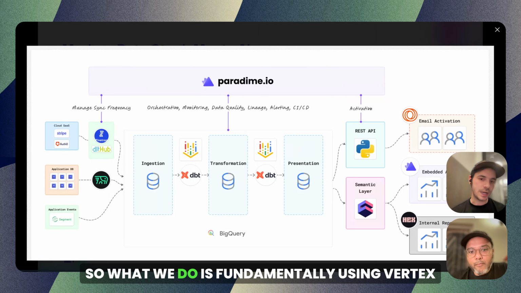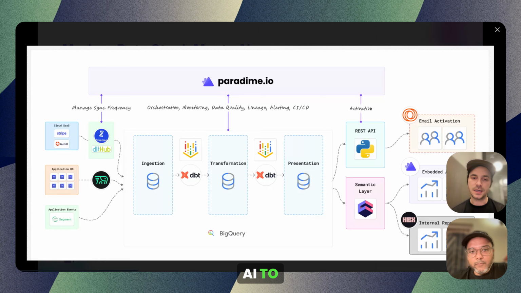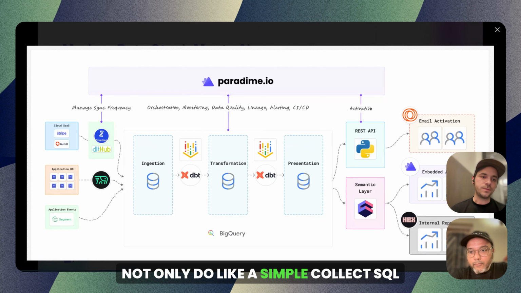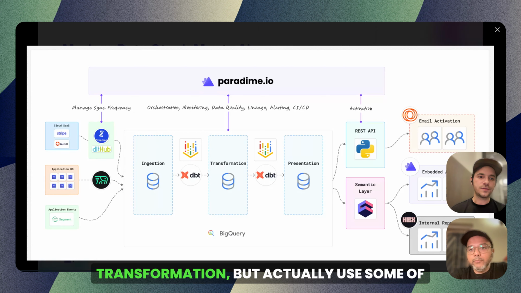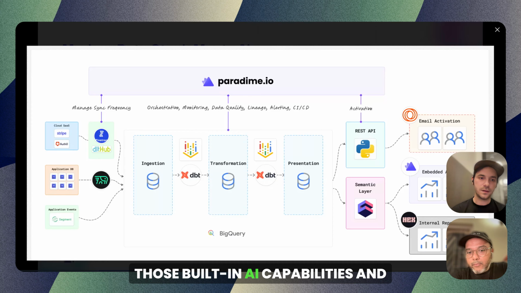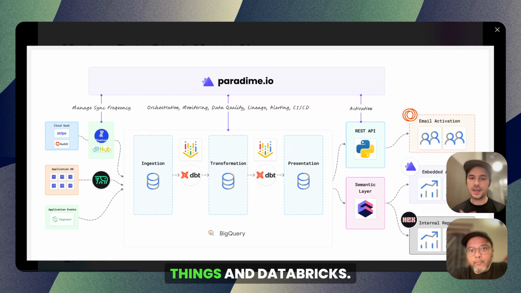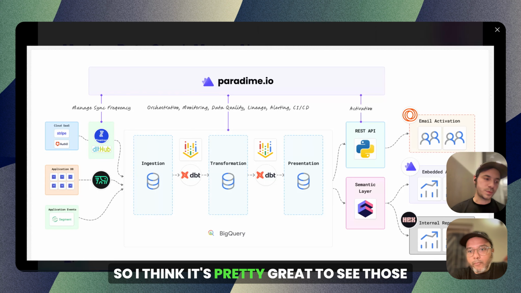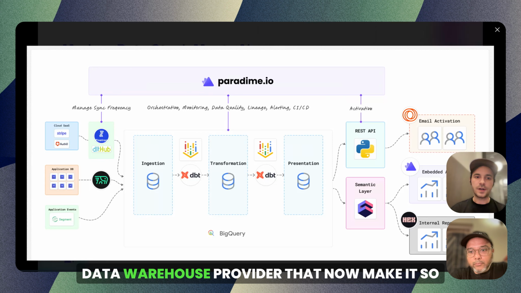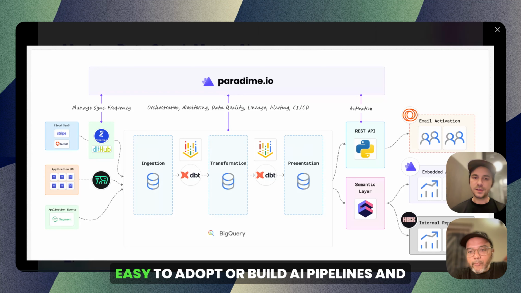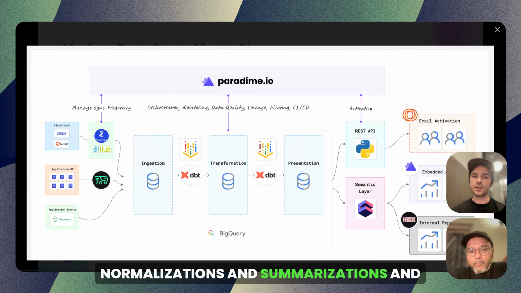So fundamentally, using Vertex AI, we not only do a simple SQL transformation, but actually use some of those built-in AI capabilities BigQuery provides, and we know Snowflake is doing similar things, and Databricks. I think it's pretty great to see those data warehouses now make it so easy to adopt or build AI pipelines and normalizations and summarizations and classification.